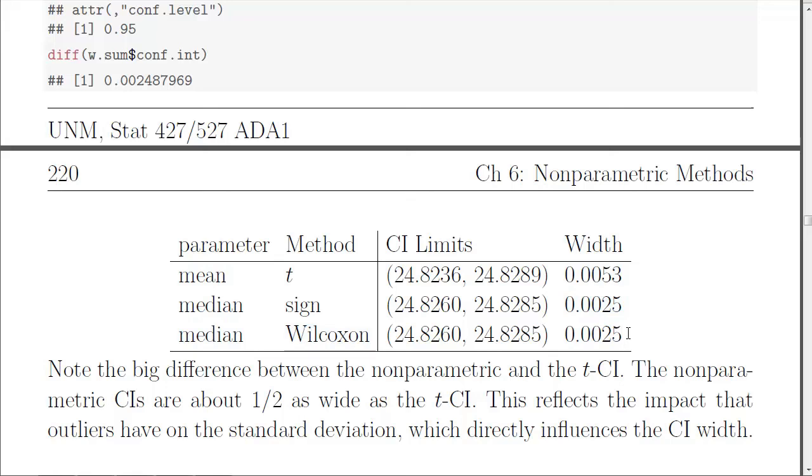My main emphasis here is to indicate that nonparametric methods are powerful methods. When the t-test is not appropriate, the nonparametric method is going to give you good inference, and often better inference than the t-procedure.